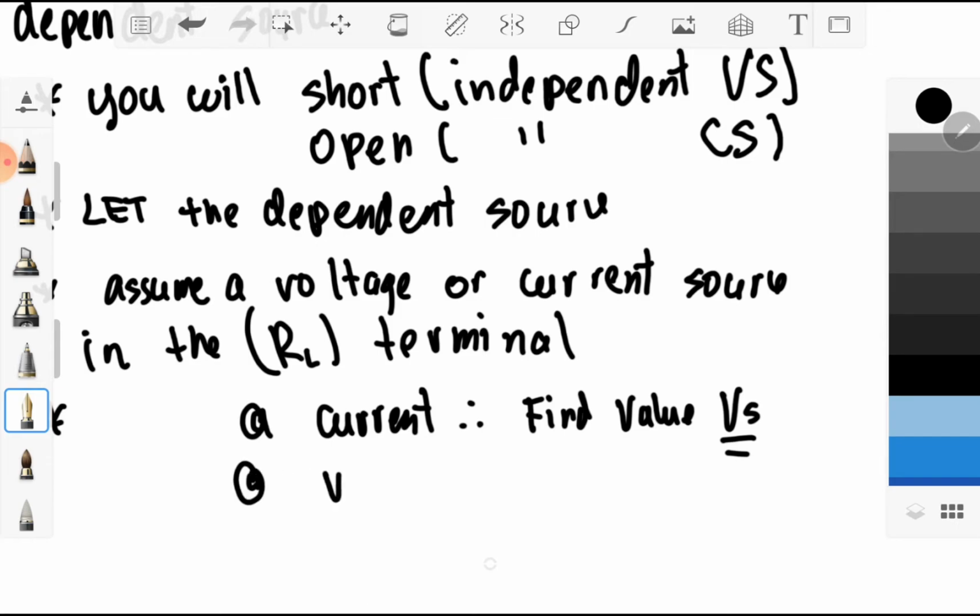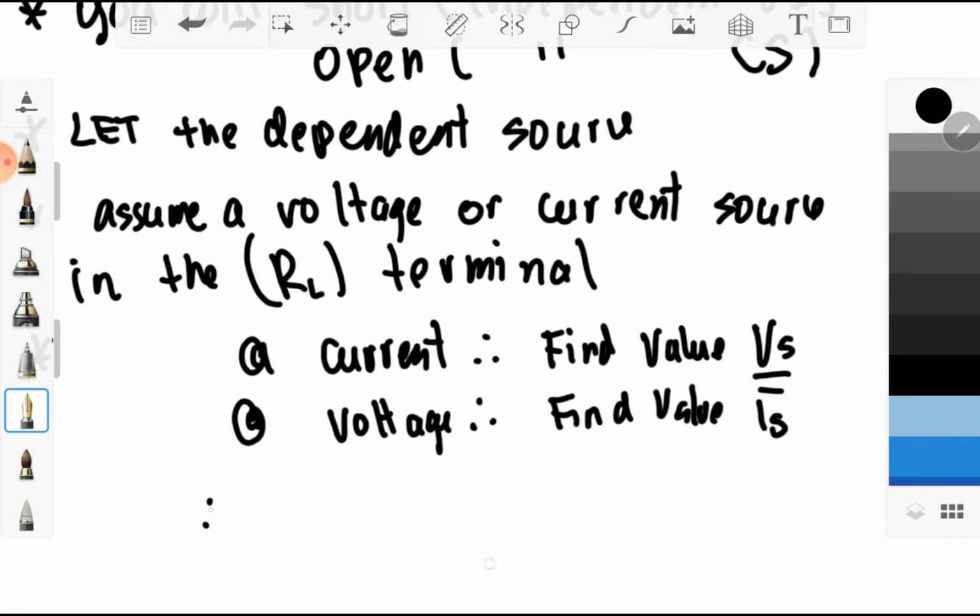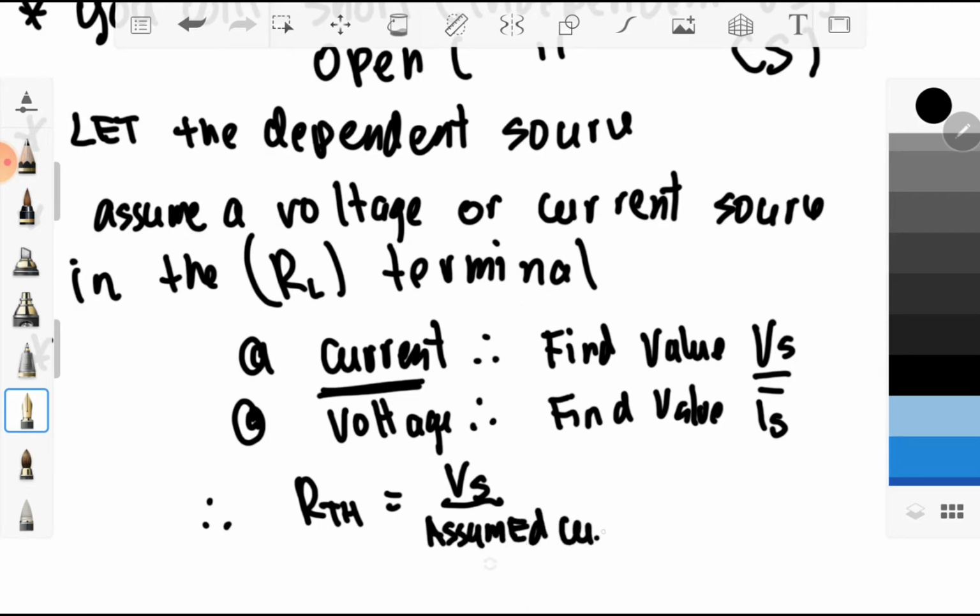So at voltage naman, if you will series a voltage to the terminal of your RL, find the value of Is. And then after that, we will get the RTH. Pag current yung sinerye mo, we will have Vs all over the assumed current source.